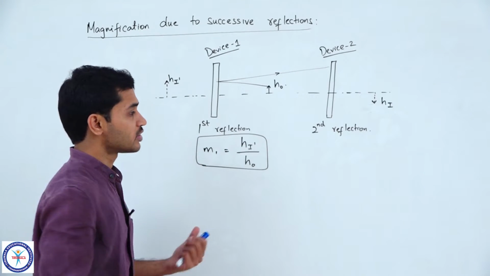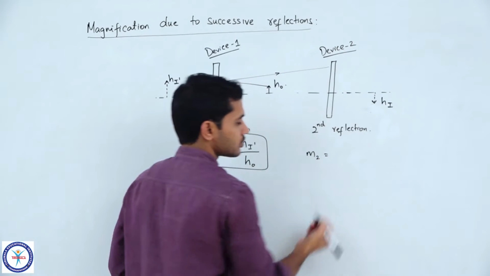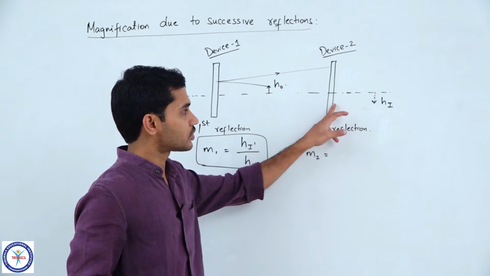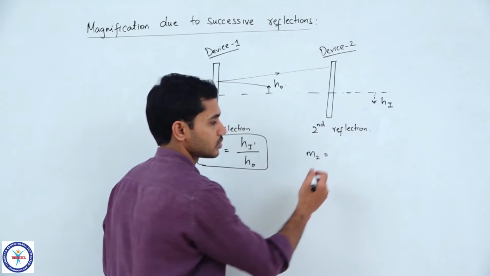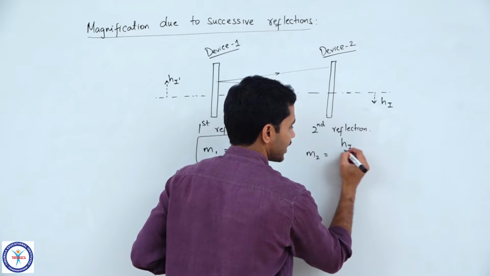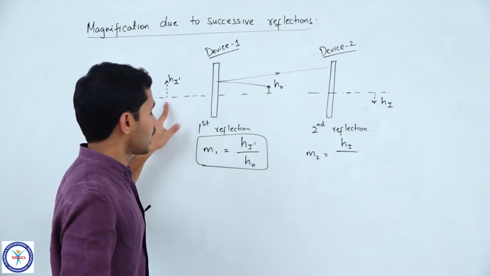Similarly, if I write the magnification produced by the second device, the image produced by the second device is hi. So, hi divided by what is the object for device 2? hi dash.